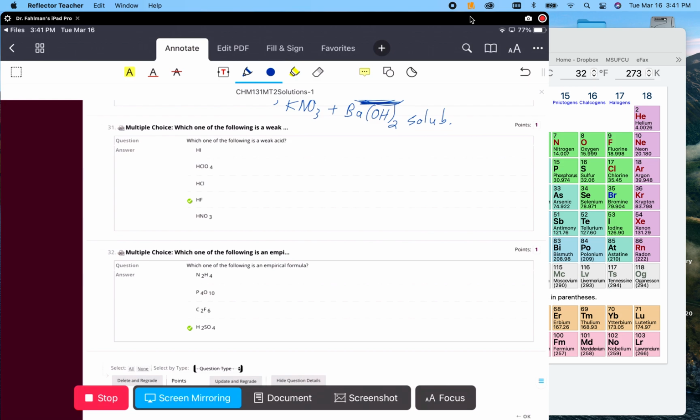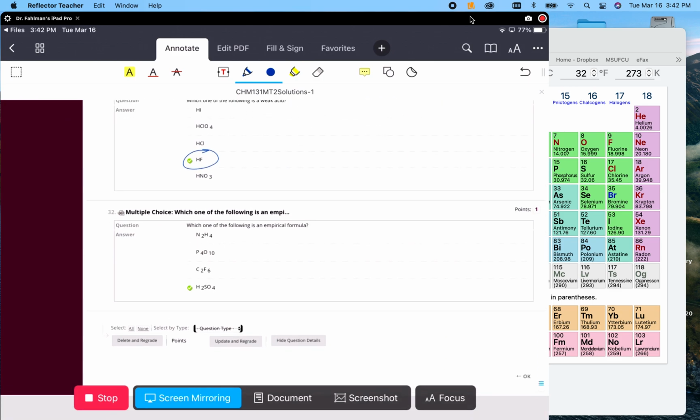Which is a weak acid, so that one goes back to what we talked about in question 1. It's not one of those 6, so you assume it's weak. And then which is an empirical formula. This one we can divide by 2 to give you NH2. So that's not empirical, that's molecular.